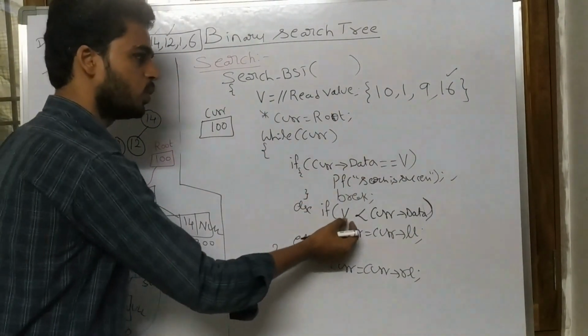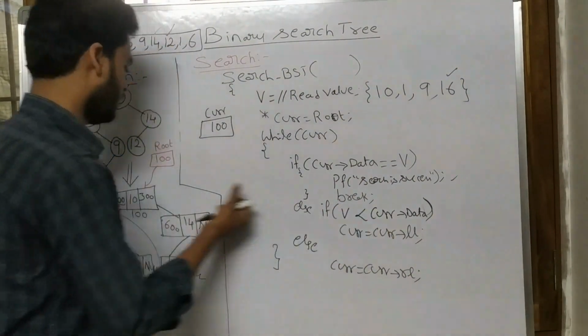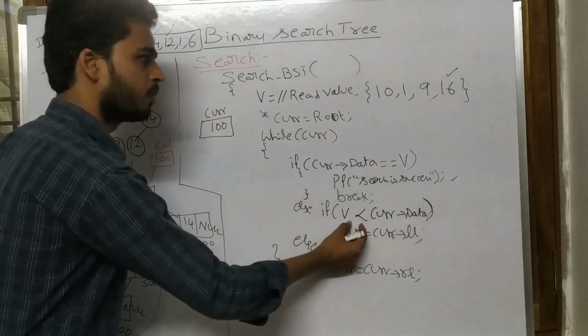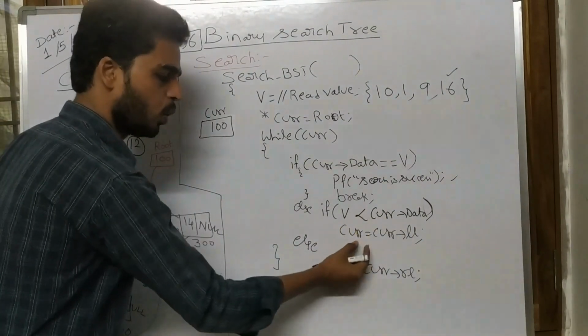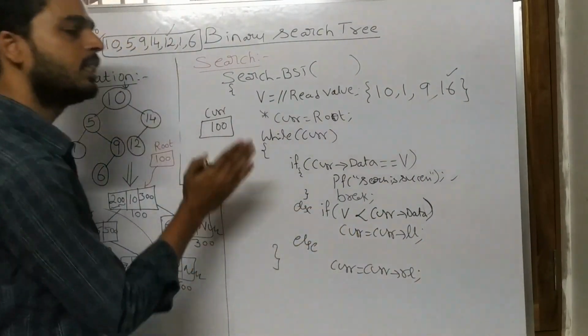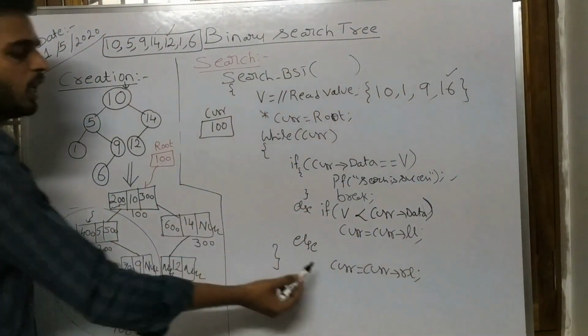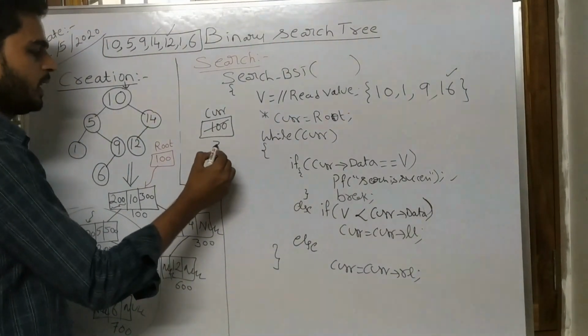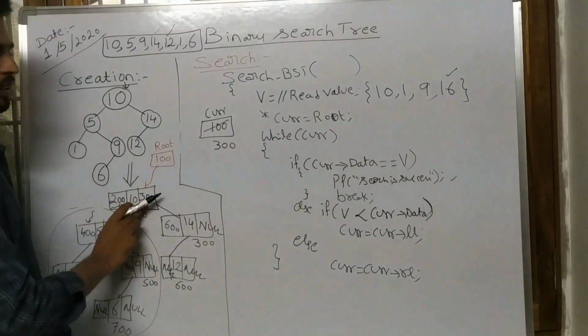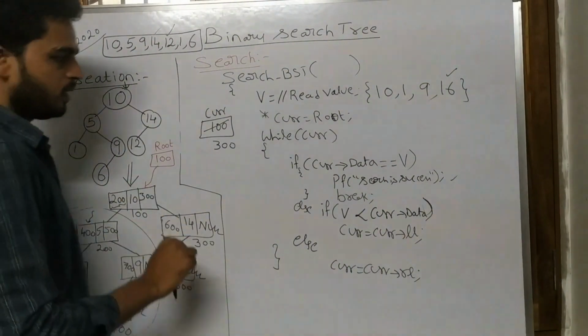No. It is going to execute. Is 16 less than 10? No. Condition fail. Condition fail means my 16 will be present on the right side. So I will move to current equal to current's right link, which is 300. Then once again execute.